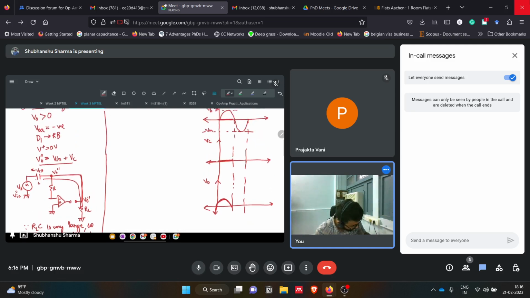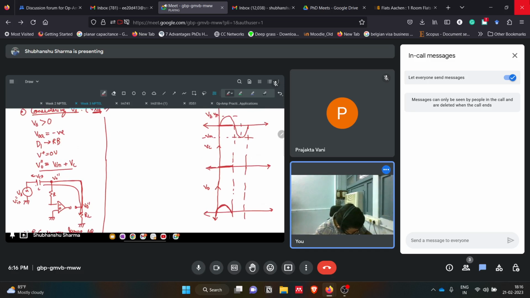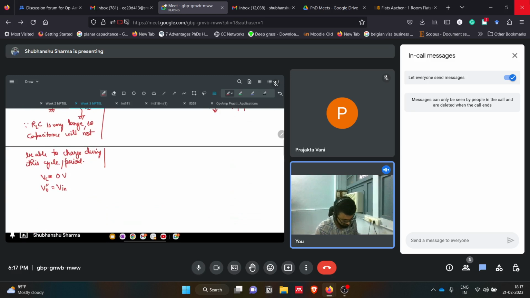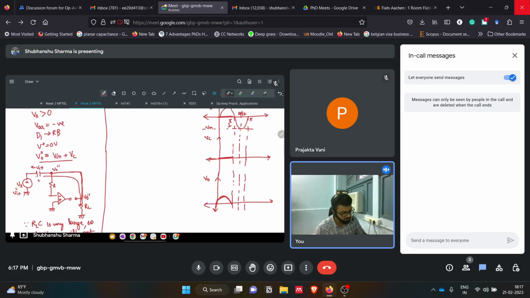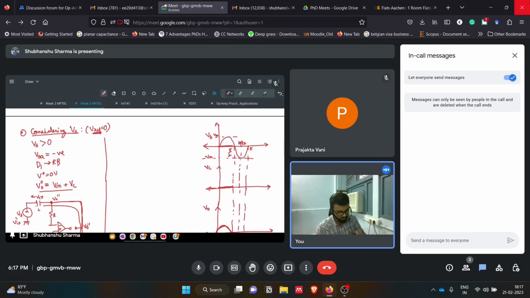Now, we'll go for the second cycle, that is the negative cycle, from pi by 2 to pi, and this is 3 pi by 2. So till now this is fine. We came to know the output voltage is the same as the input voltage when we consider Vs greater than 0.